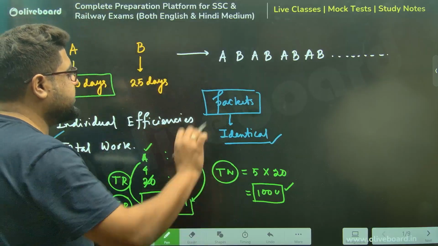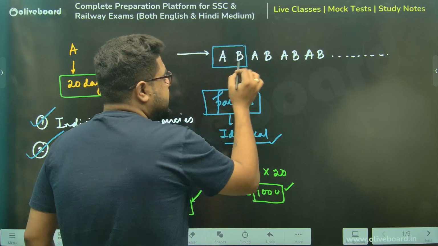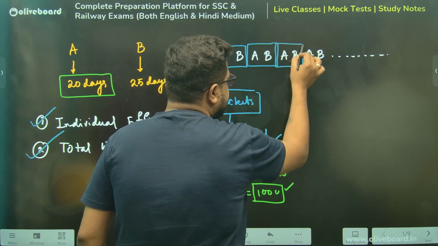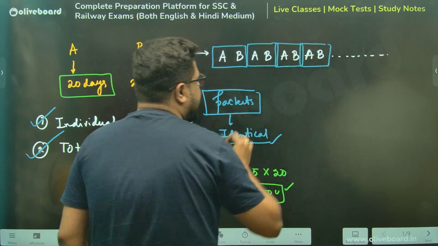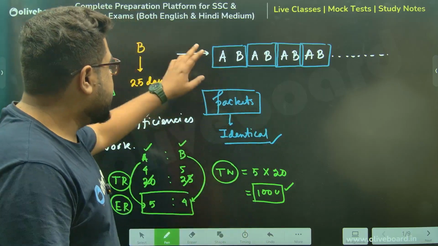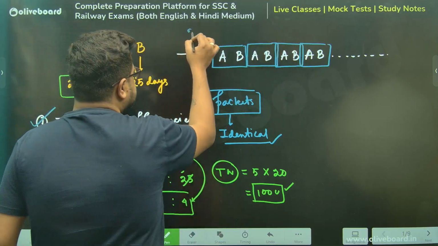Identical meaning, if I take the packets like this, next packet, next packet, are my packets identical? The answer is yes. I'm taking 2 days each, so every packet is of 2 days.